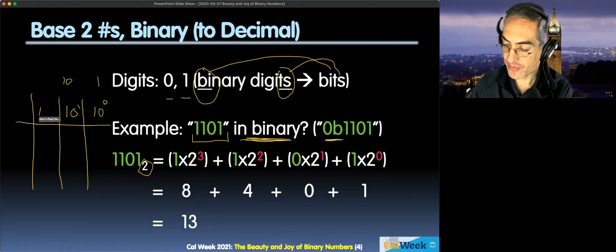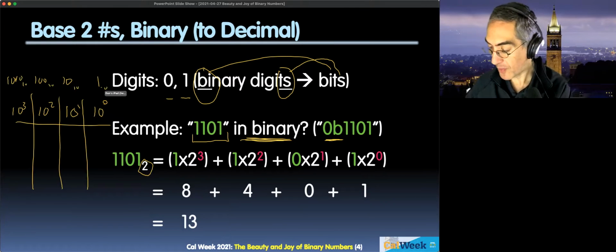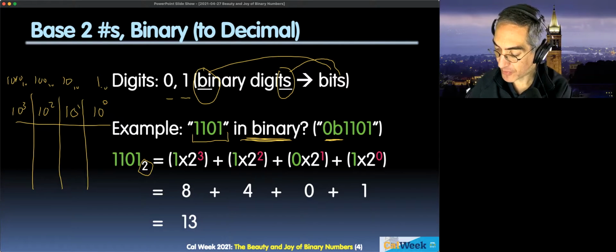This is 10 to the 2, or 100, and this is 10 to the 3, or 1,000. All these numbers are base 10, so I write base 10 so you know what I'm talking about. Well, we're in base 2, so it's exactly the same idea. Watch me. I'm going to make my table here, and I do the same thing.